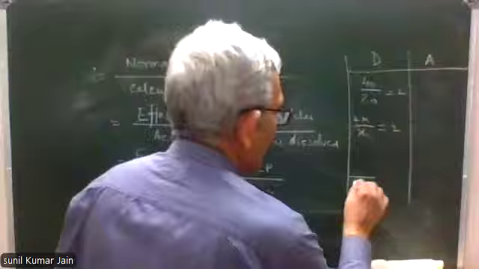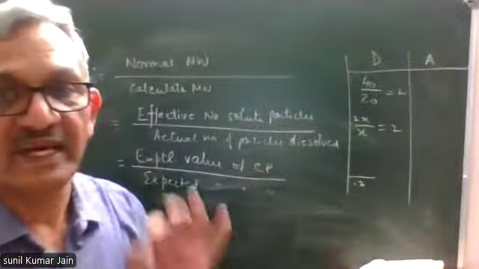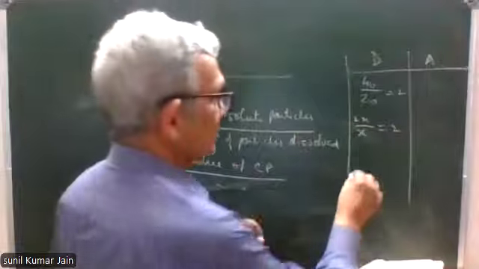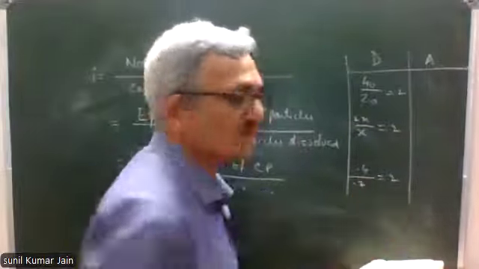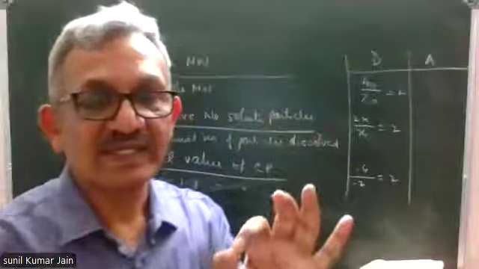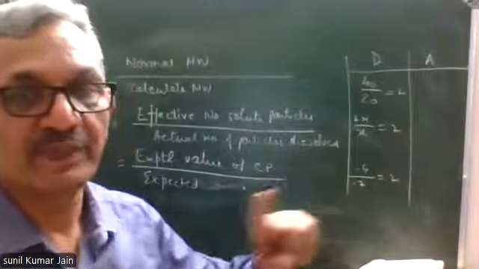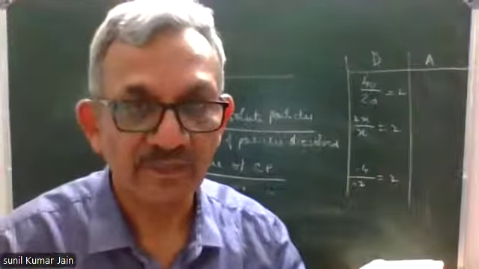Third, I was expecting the elevation in boiling point to be 0.2, but it came out 0.4. So 2. One thing is clear: if there is dissociation, the value of i will be more than 1.